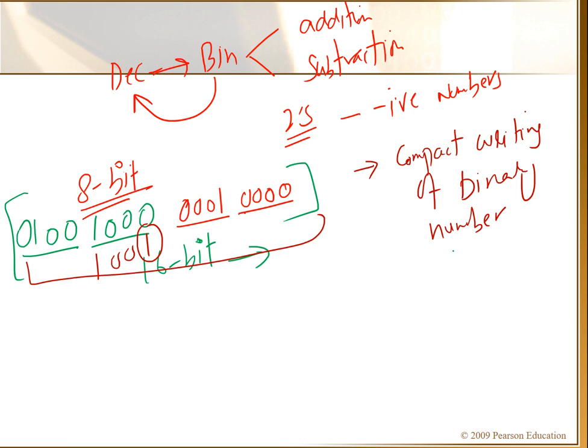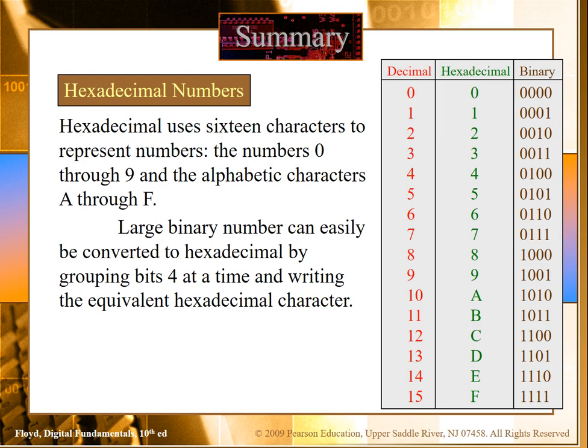There are two main compact forms, called hexadecimal and octal numbers. We are going to study these two, and then there are other forms, BCD and gray code and others. So let's have a look at this.